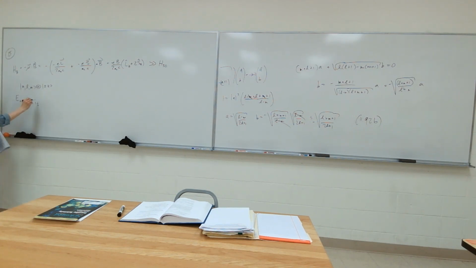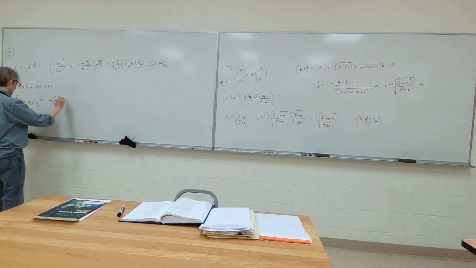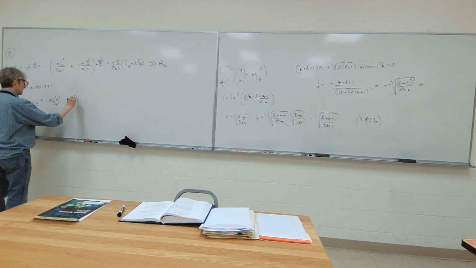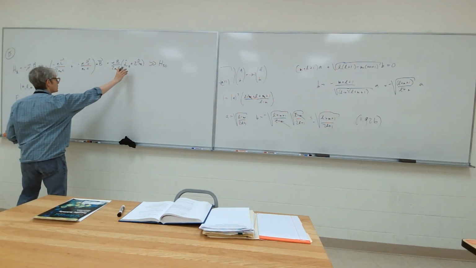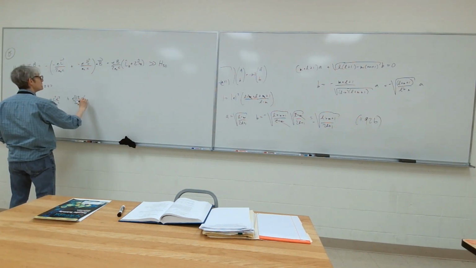Right. Okay. So the energies will just add because there's no interaction. So we know we have minus mu c squared alpha squared over 2n squared. That's just the bare hydrogen atom. And then we have the energy for this thing: plus eB h bar over 2 m_e c, and then we have the part for m_s.